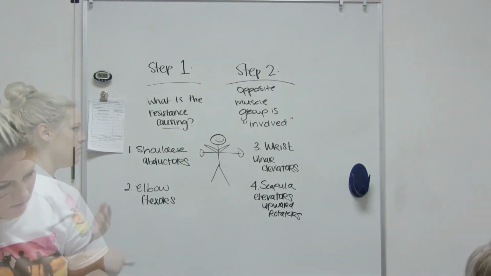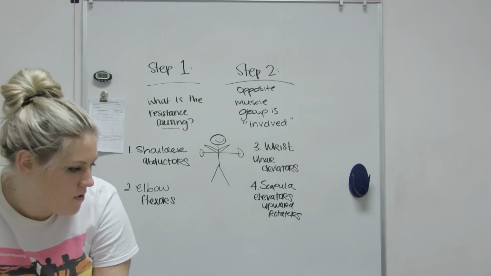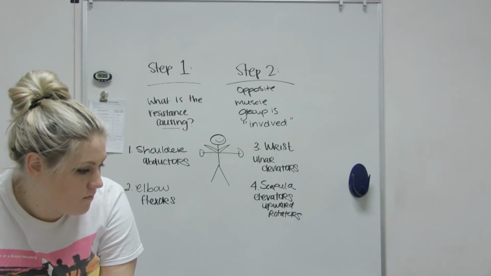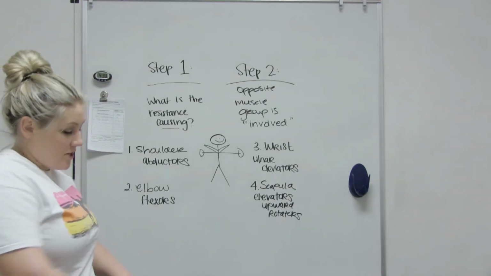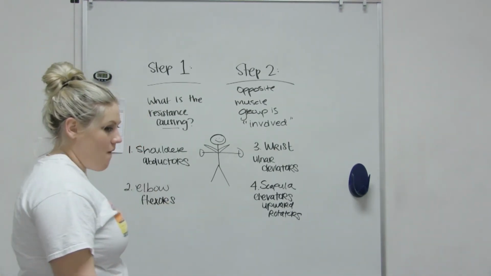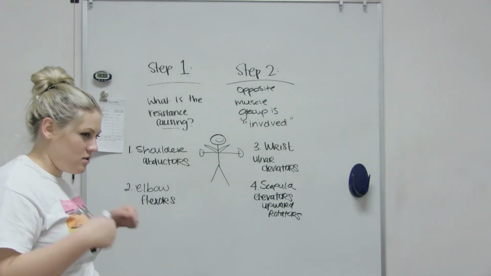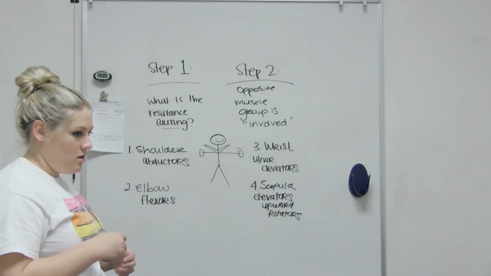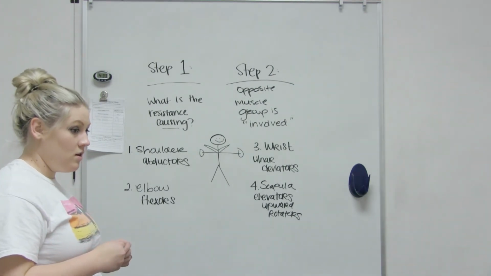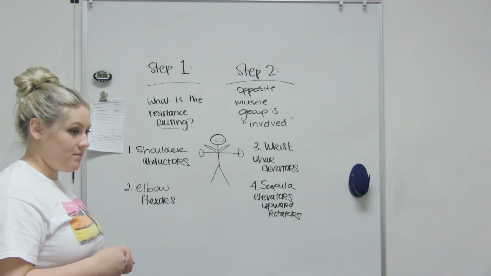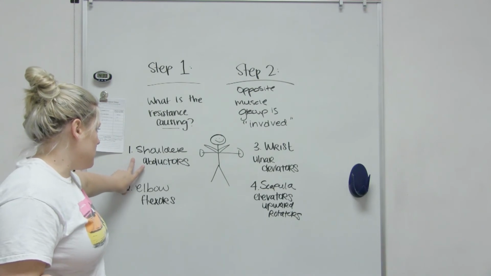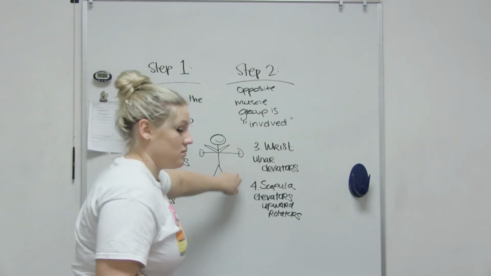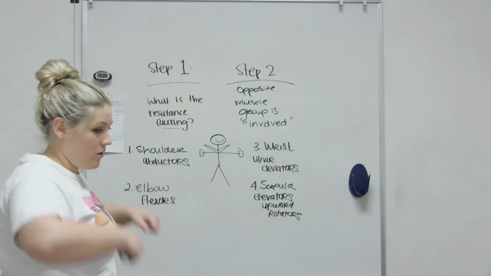Are we talking about the movement as it goes down? Whether you come up or down, the resistance is still gonna cause the same thing. You're still gonna be using those muscles. So whether you're in the concentric or eccentric phase, it's still the same muscles working in both parts.